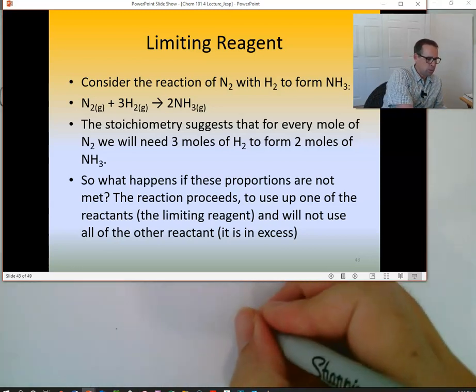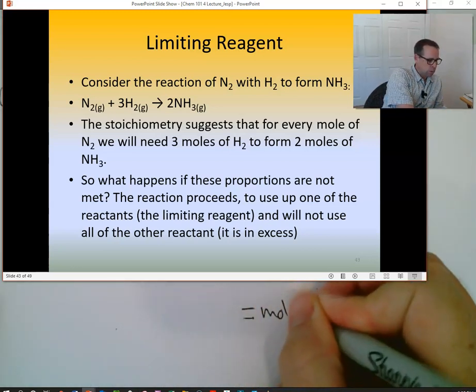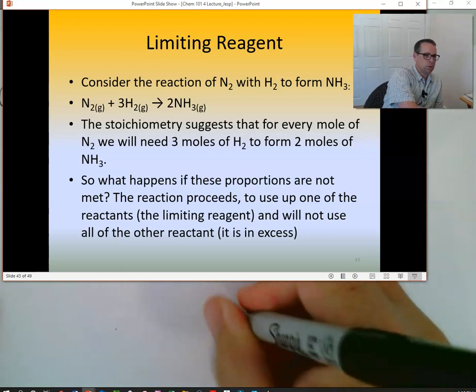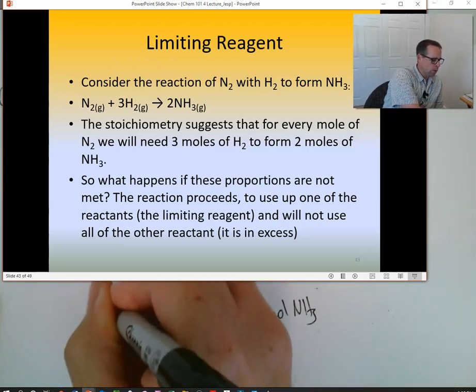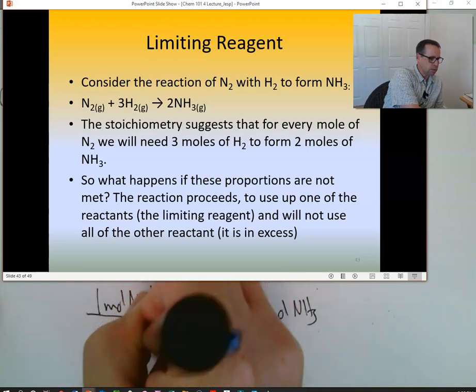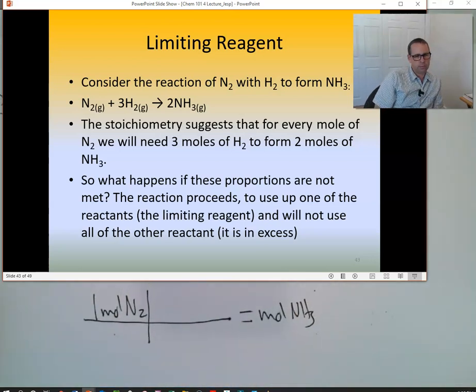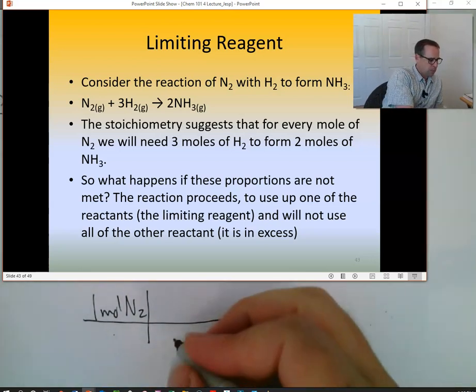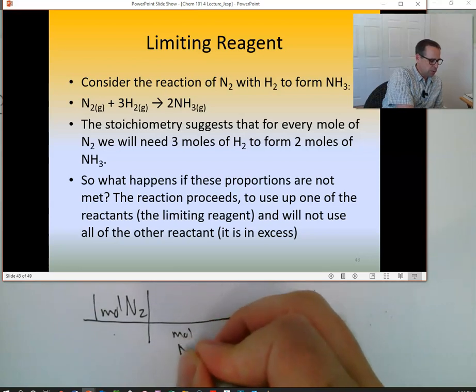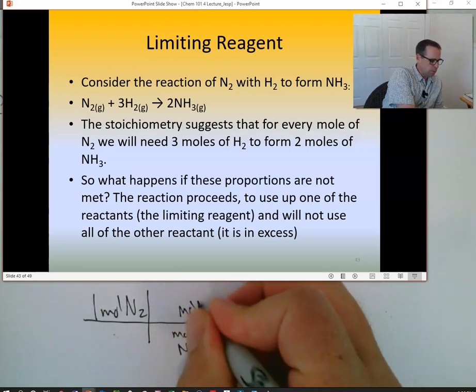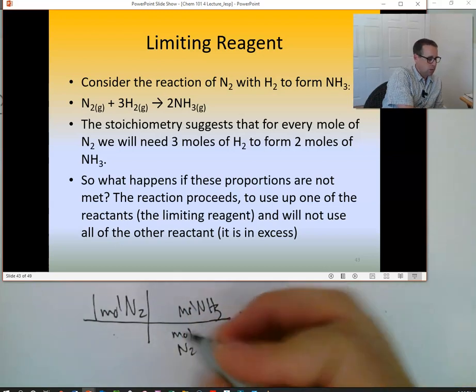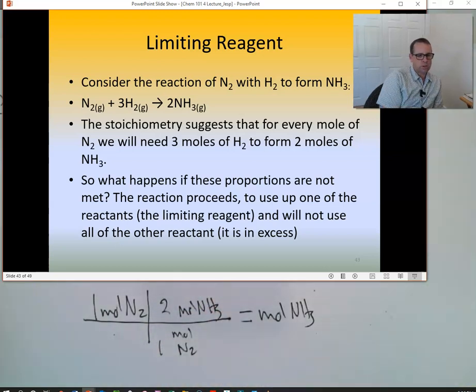So now I have to look at this and say, we knew the moles of ammonia, NH3, for every 1 mole of nitrogen gas, right? Because we said that to get to moles of ammonia from moles of nitrogen gas, it's a 2-to-1 ratio, right?